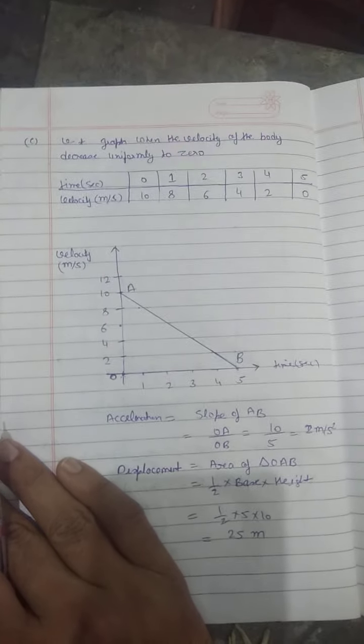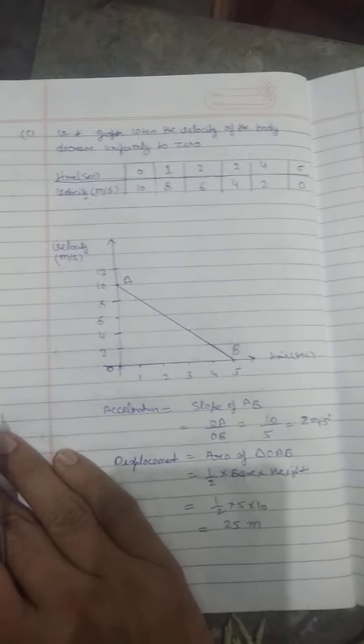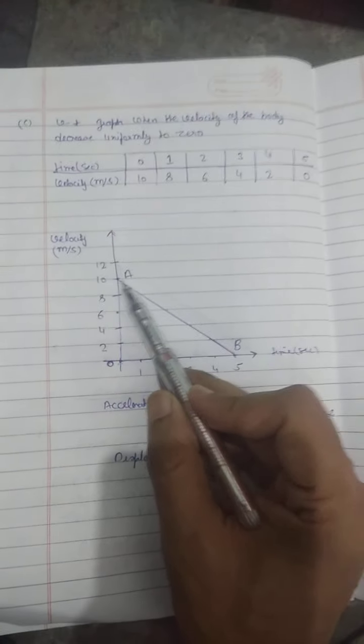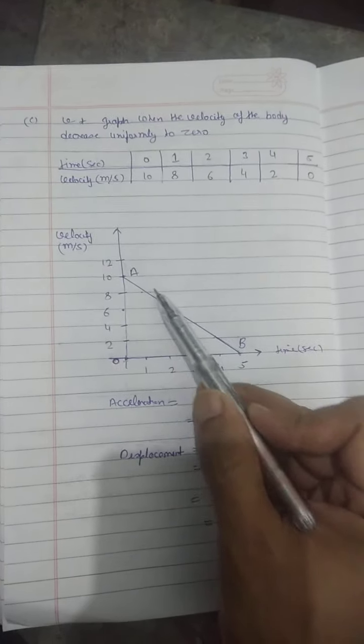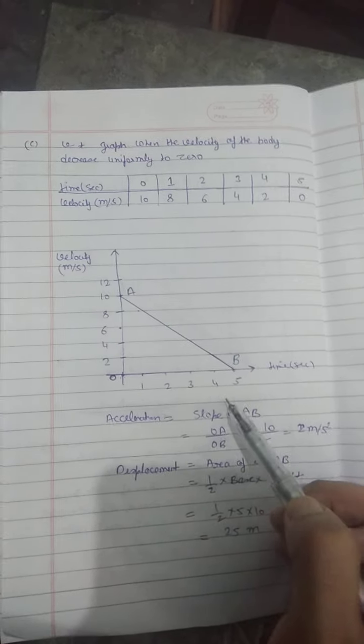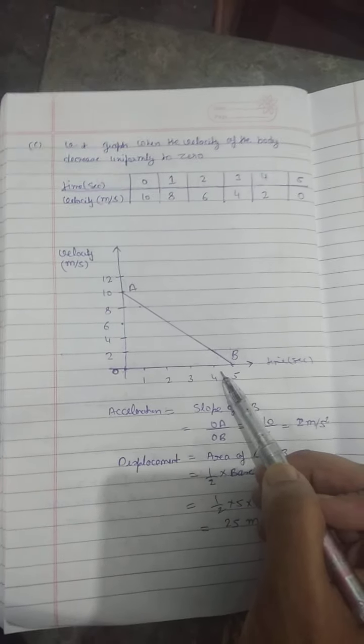The velocity is taken as the y-axis and the time as the x-axis. Time is 0, then the velocity of the object is 10, 1 for 8, 2 for 6, 3 for 4, 4 for 2 and 5 for 0.